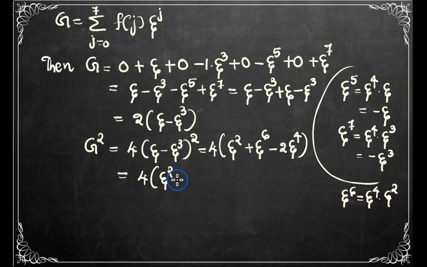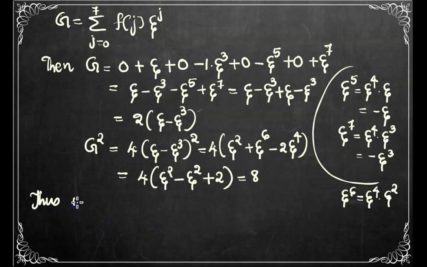So zeta raised to 6 can be replaced with minus zeta square, minus 2 into zeta raised to 4 is minus 1. So minus 1 into minus 2 will be plus 2. This will be equal to 4 into 0 plus 2, which is 8. So we have G square is equal to 8.